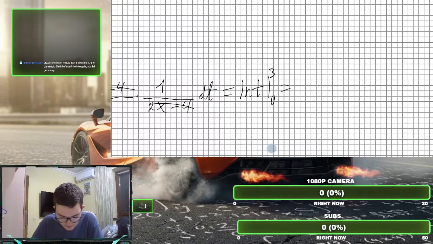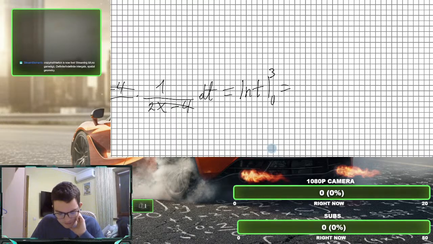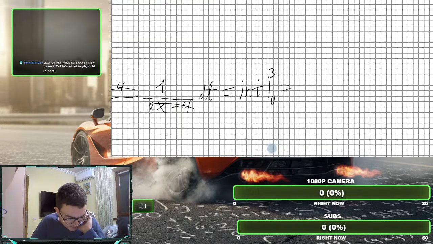Ln of 3, perhaps that's 1, and ln of 0, I think that's, ln of 3 might be actually 0. I'm not sure, like, how am I supposed to know what values ln holds?